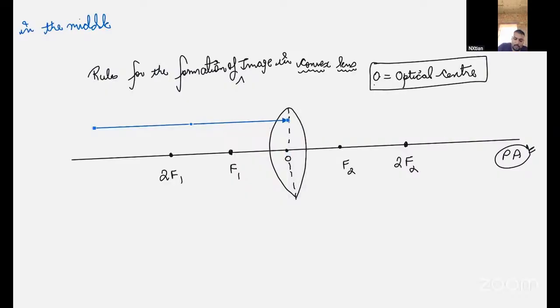Now, it will go through which focus? Obviously, it is a lens. The light will go in the forward direction only. It will not come back in the backward direction. So, it will be this. Got it, everyone? So the first rule is, if a line is parallel to the principal axis, after refraction, it will go through the focus.